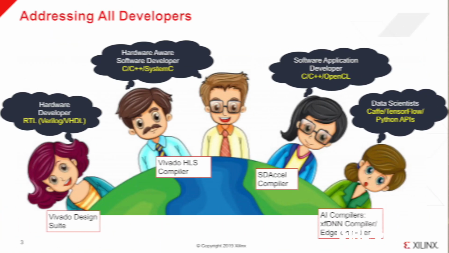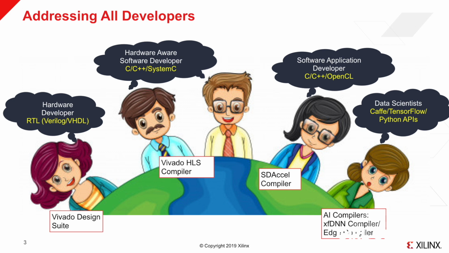So we have the hardware developers who code using RTL, Verilog, VHDL. And for them, we have our signature product, which is the Vivado design suite. Next, we have our hardware-aware system developers, software developers, who use C, C++, and System-C, and for them, we provide the Vivado HLS compiler.